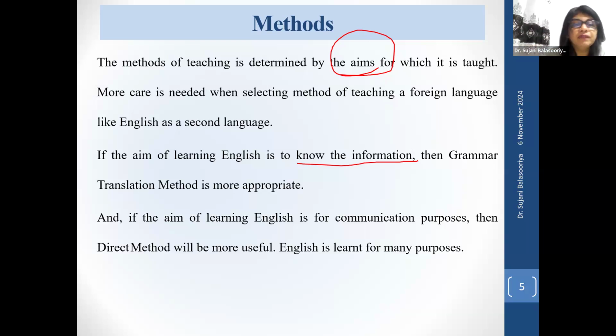Another example: if the aim of learning English is for communication purposes, rather than knowing information about the language, you learn English in order to get the ability to communicate, then it would be the direct method rather than the grammar translation method. Your teacher should use the direct method.